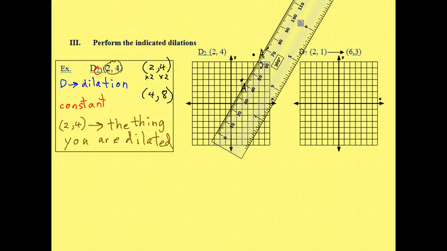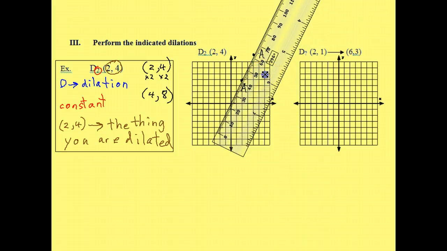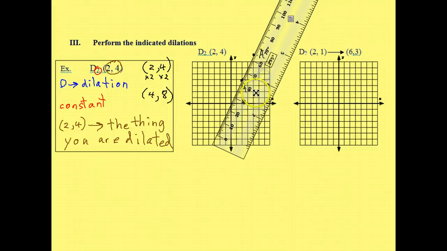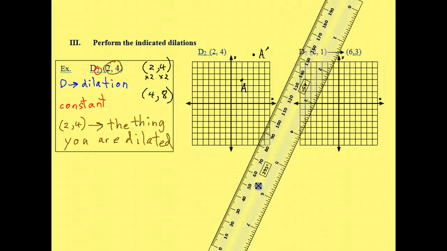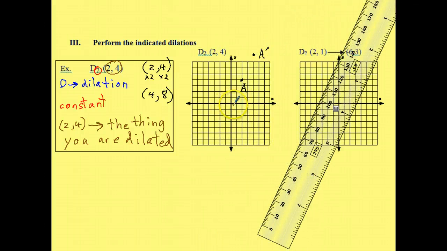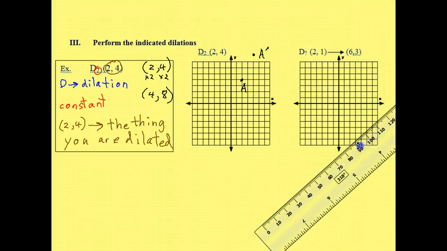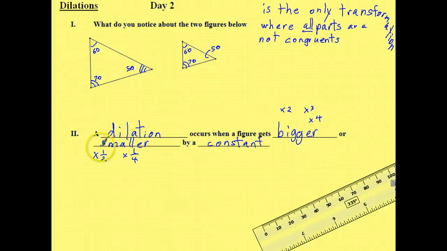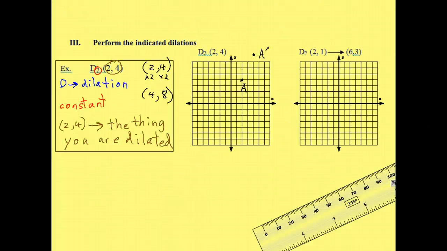You could almost put a ruler here and see that, it's like a slope. You could go right up it, up 4 over 2 and up 4 over 2. So dilation grows the same amount away from the origin or towards it if it's a constant of a fraction.